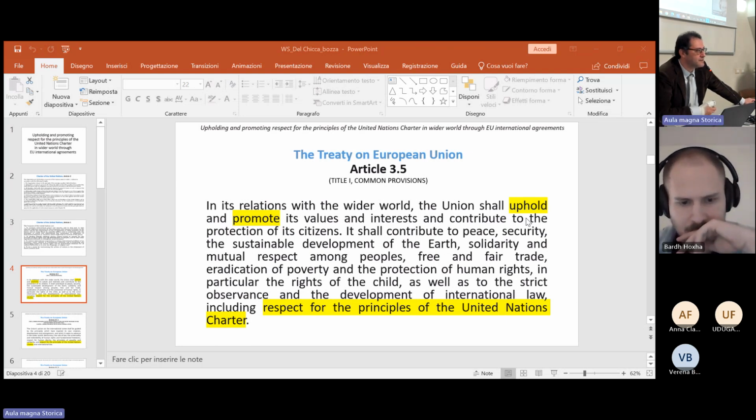Any other question? Okay. Anyway, we speak about the European Union nowadays, and all the member states of the European Union are also member states of the United Nations. Okay.